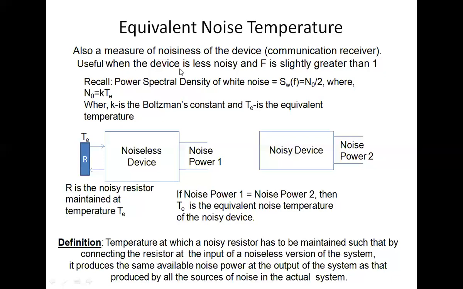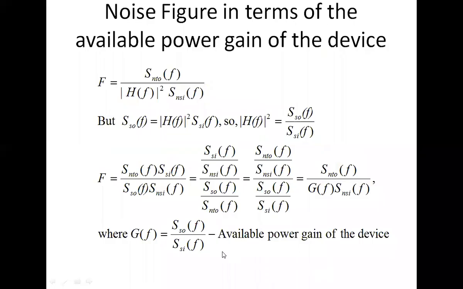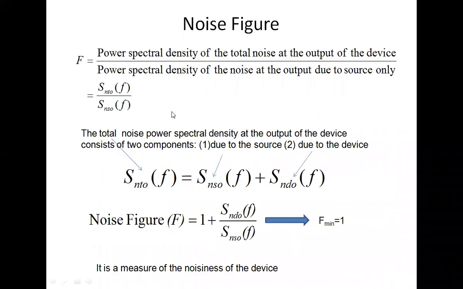This is useful when the device is less noisy. In the previous case, noise figure was defined as 1 plus SNDO of f by SNSO of f, so the minimum value of F was 1. If the device is less noisy, the second term would be very small, so the noise figure will be slightly greater than 1.